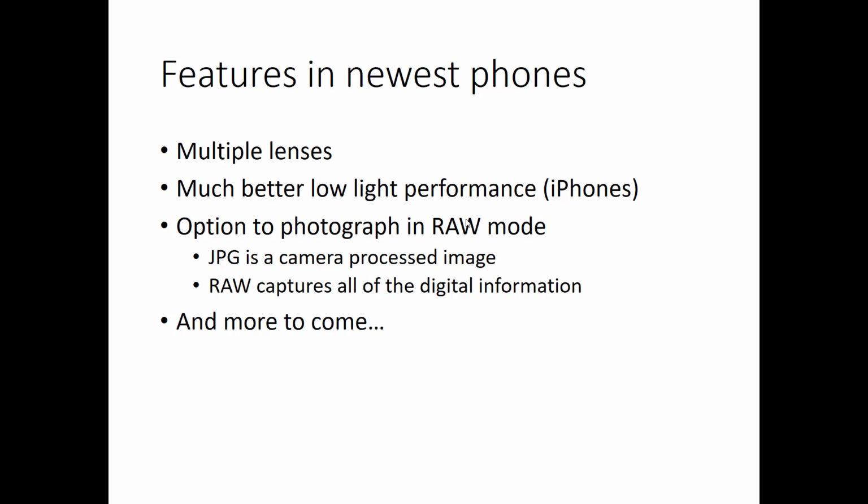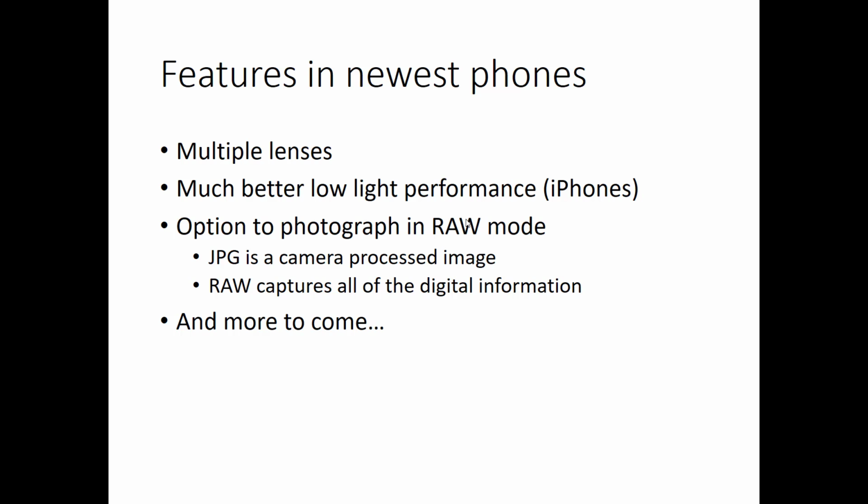As the cameras in phones are getting better and better, there are more and more features. I now own a phone that has two lenses, a wide angle lens and a more normal focal length lens. Phones have improved in their low light performance immensely, in particular iPhones over the last 5 or 6 generations.